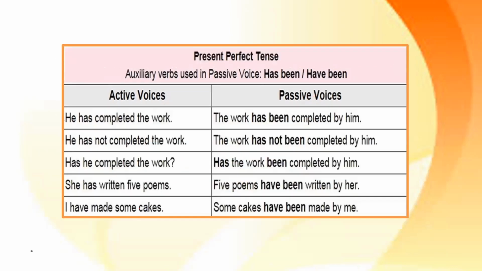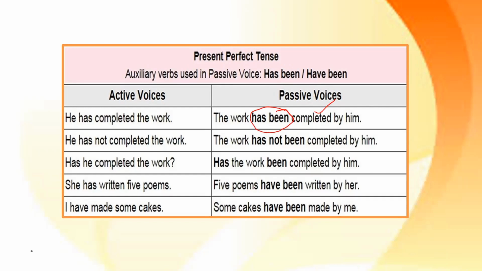Now see present perfect tense. What is the helping verb in passive voice for present perfect tense? Has been. And the main verb will be always in past participle form. See the example. He has completed the work.